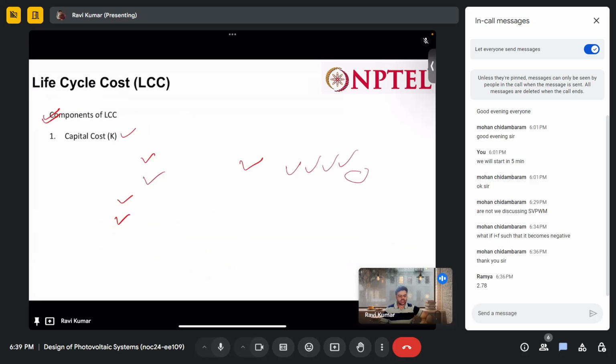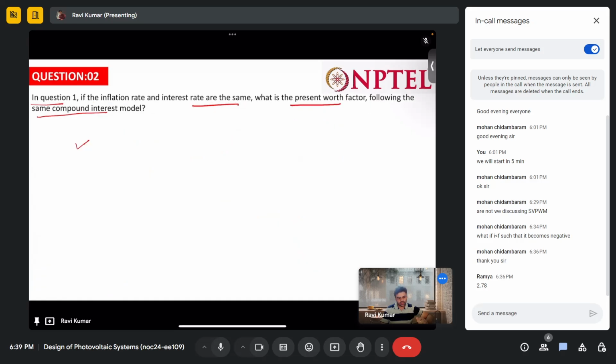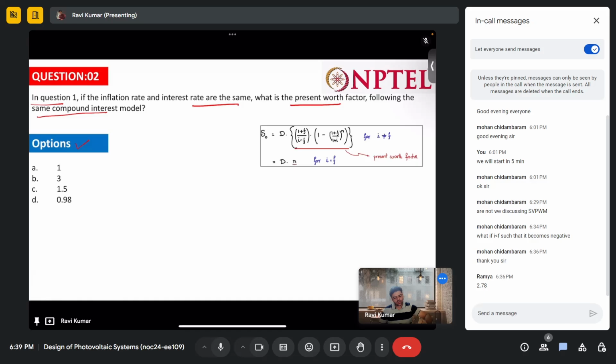Same thing this question is asking. It is asking what is this present worth factor if I equals to f, and if I equals to f, then it becomes n. And n is given as 3. So it is B. So the correct answer here is B.